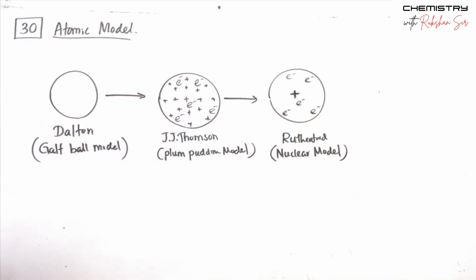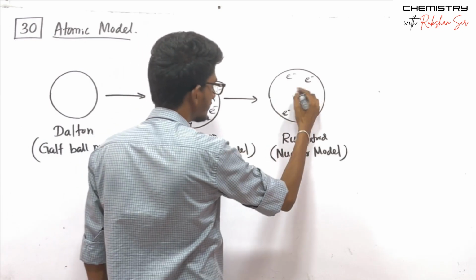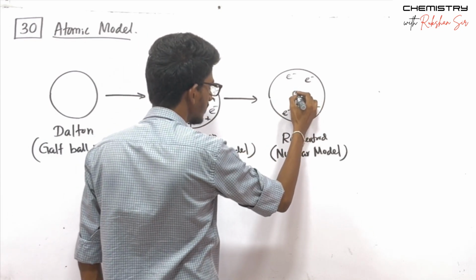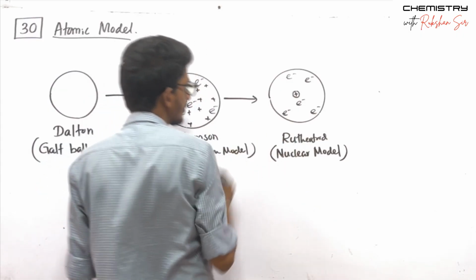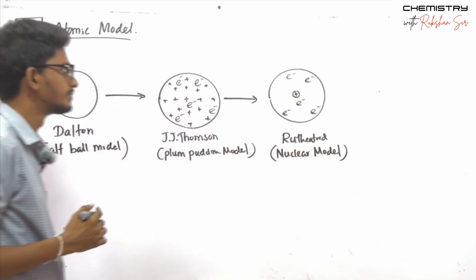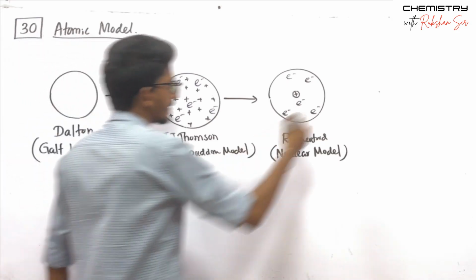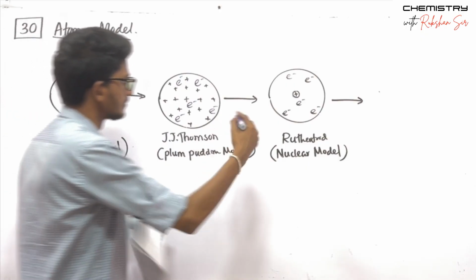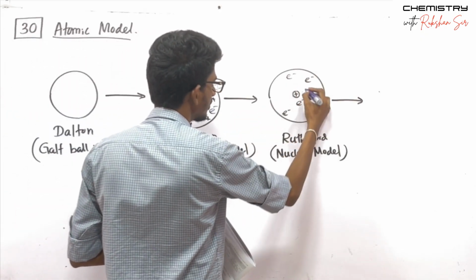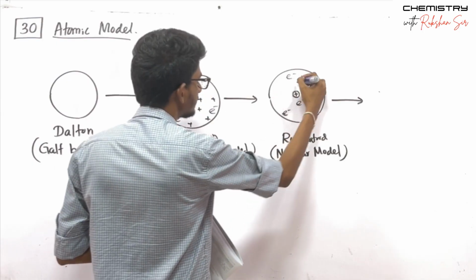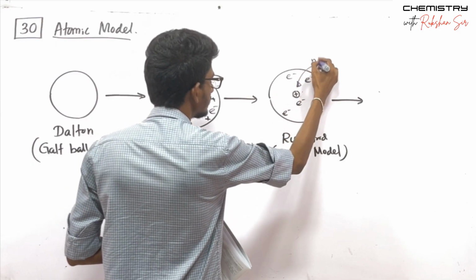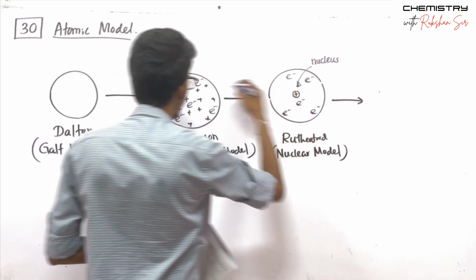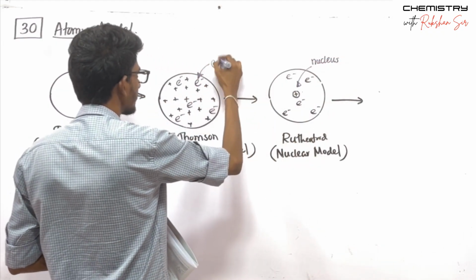The nucleus was introduced at the center. Rutherford's nuclear model. Right, then from this model the nucleus was introduced, right? From this model the electrons are introduced.